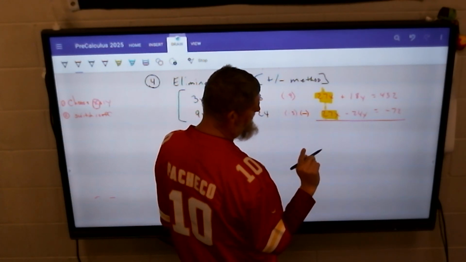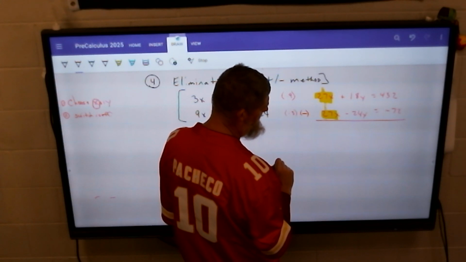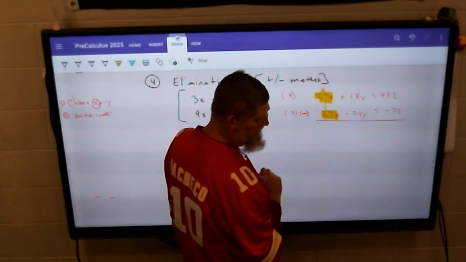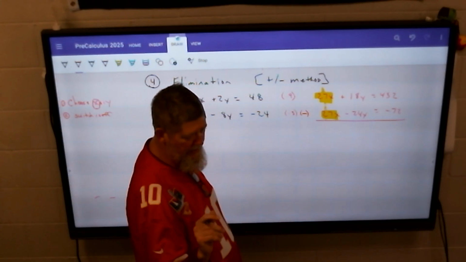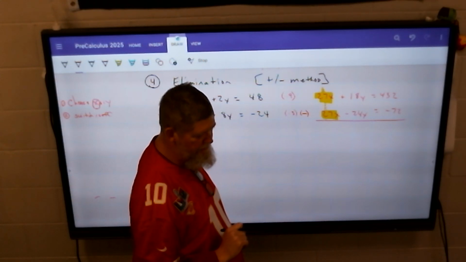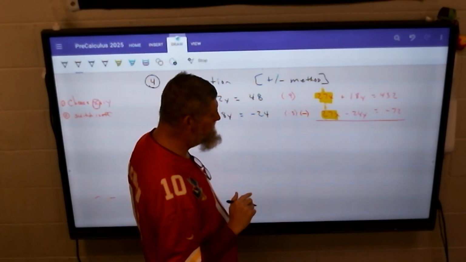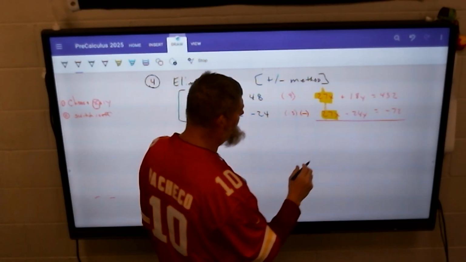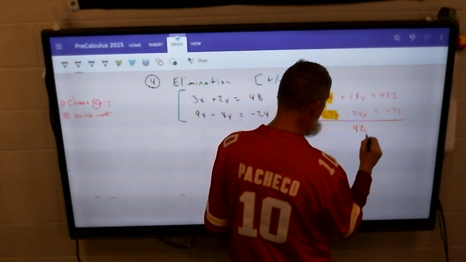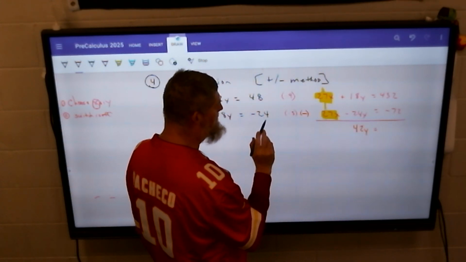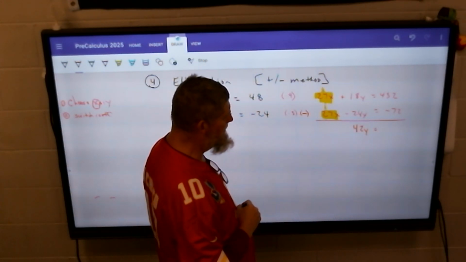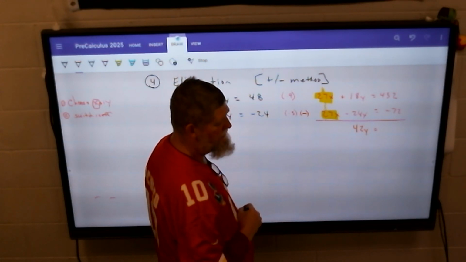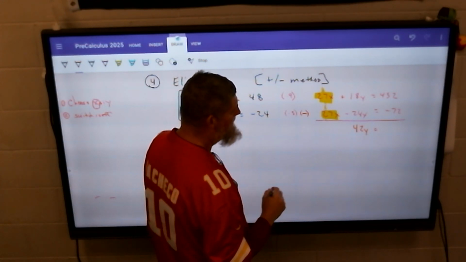Minus a negative, so 18 plus 24. 42y. And then 432, careful, minus a negative 72. That's 504.